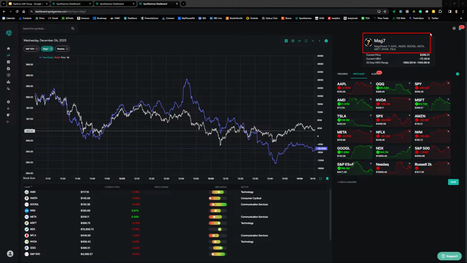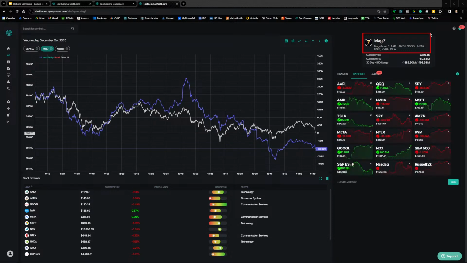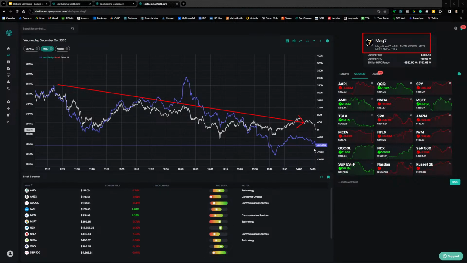That's Apple, Amazon, Google, Meta, Microsoft, Nvidia, Tesla. And net for the day, notional value is negative, although not very large. That's minus 82.65 million.